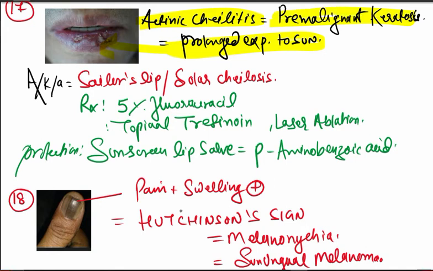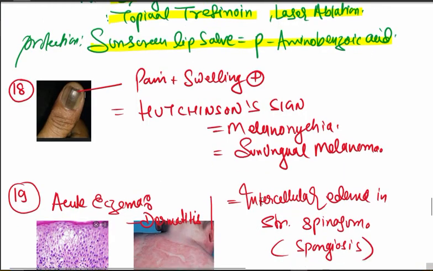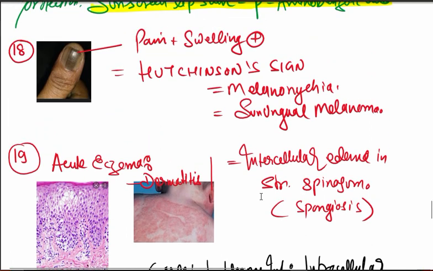It is also known as farmer's lip or solar cheilosis, and it is treated with 5% fluorouracil, topical tretinoin or laser ablation. So the protection to avoid such a condition is applying sunscreen lip salves that contain p-aminobenzoic acid.